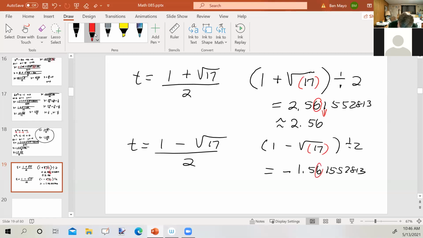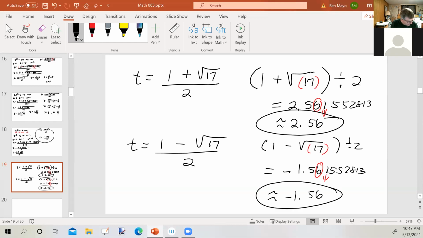Rounding that to the nearest hundredth, that again would round down. So we're going to get negative 1.56. So our two solutions rounded to the nearest hundredth would be 2.56 and negative 1.56. Any question about that example? No. All righty, let's go on to another example.